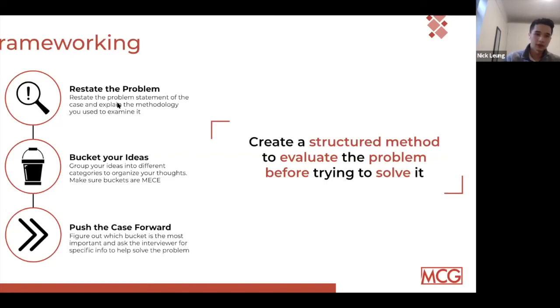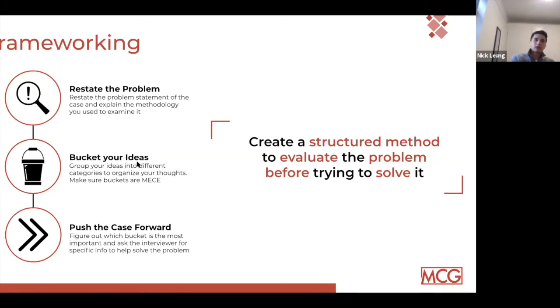So the first thing you want to do is at the top of the page, you want to restate the problem just so you know what it is. And then what you want to do is explain the methodology you use to examine it. So how do we do this, right? We do it through a concept called bucketing your ideas. So essentially you're grouping your ideas into different categories to organize your thoughts, right?